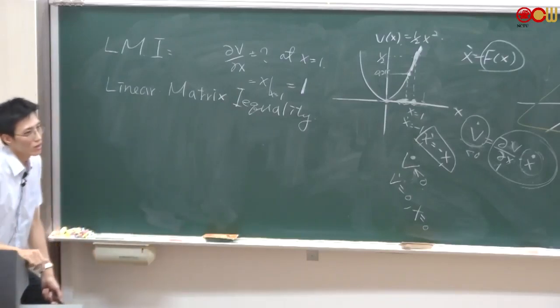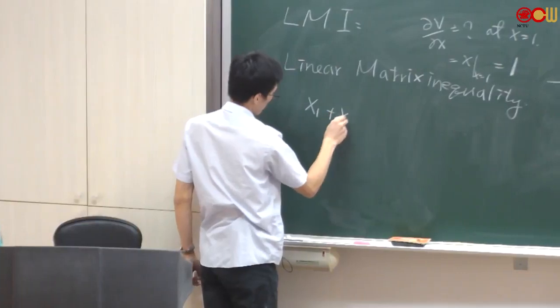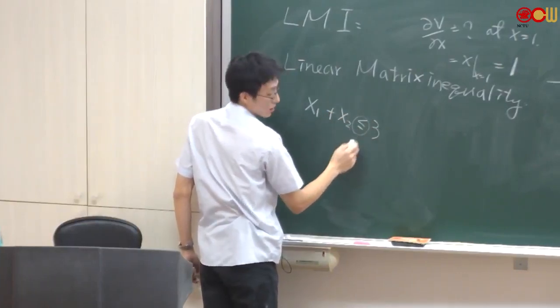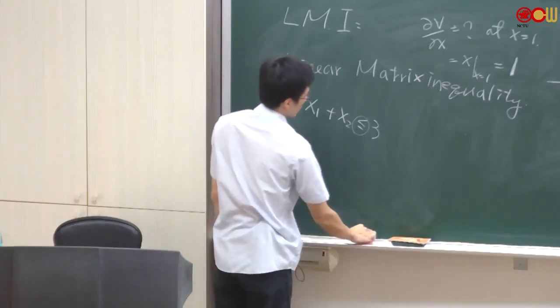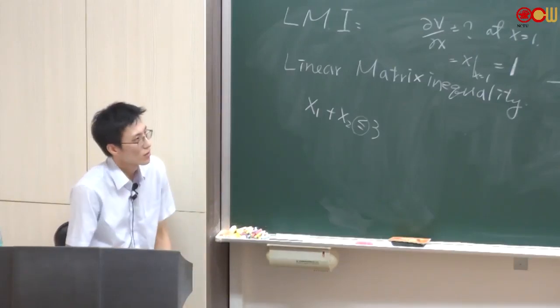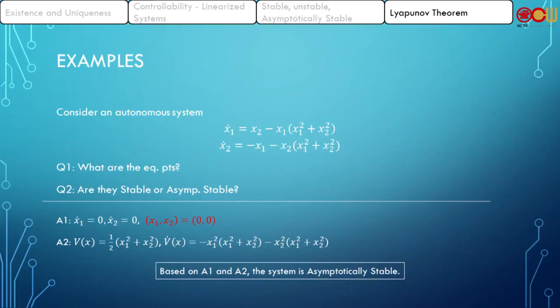But for a nonlinear system, it's usually hard to find. So we can search for this keyword, if you are interested. But here we just pick or design a Lyapunov function and try to see what v dot is.